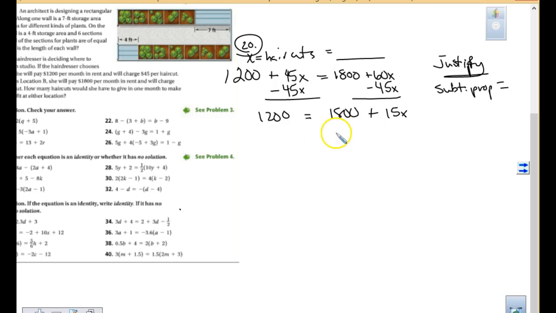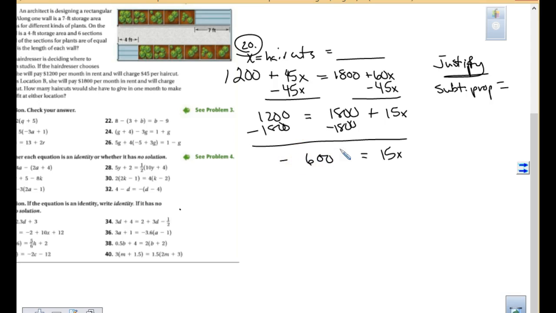Our next step is that we are going to subtract 1800 from both sides. And we get 15x is equal to negative 600.